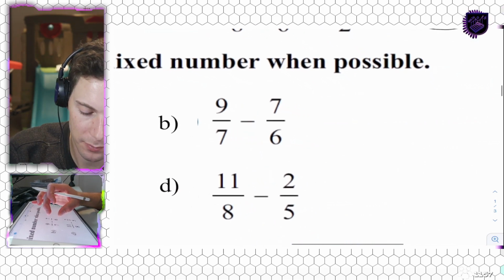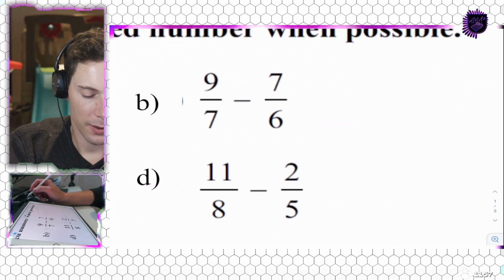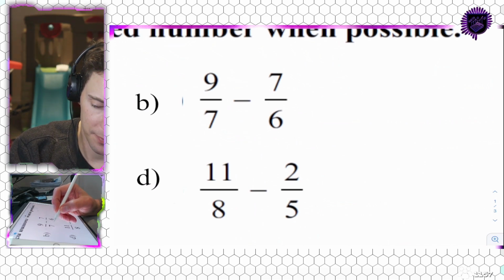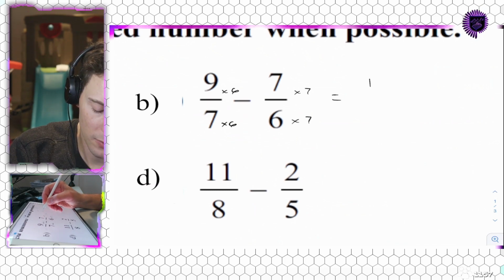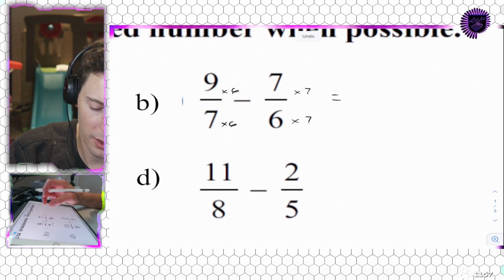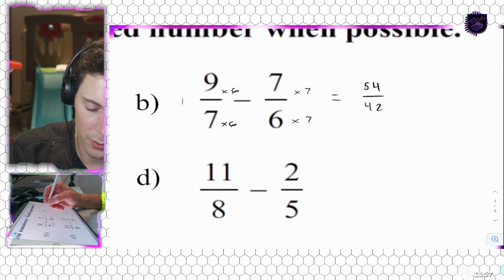7B. Right. Again, cross multiply. We'll have to go times 6, times 6, times 7, times 7. So this is going to equal 9 times 6 is 54, 54/42 minus 49/42.